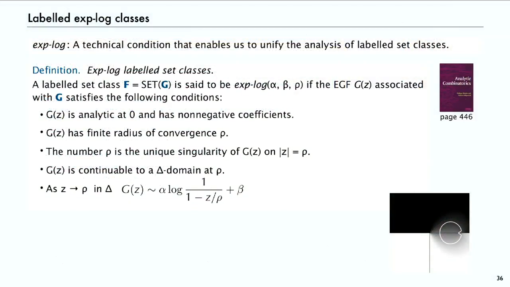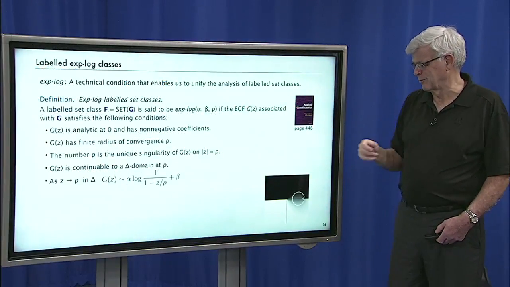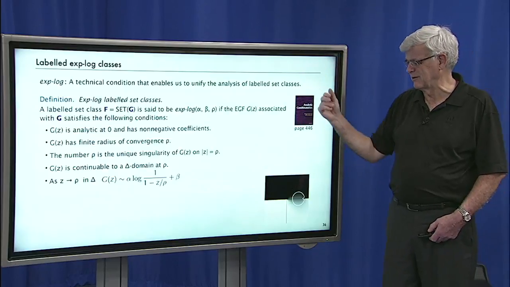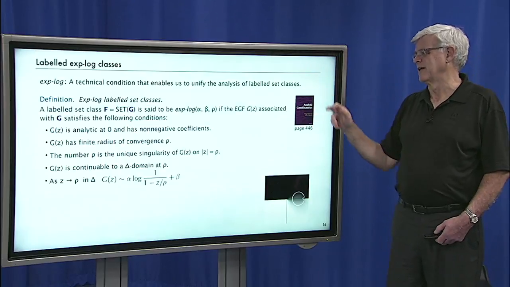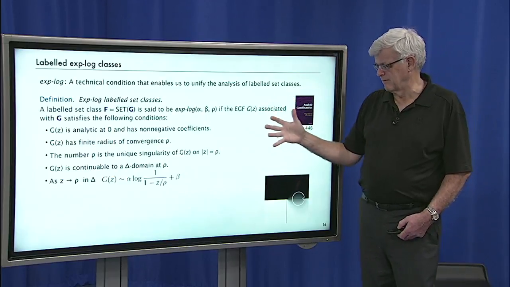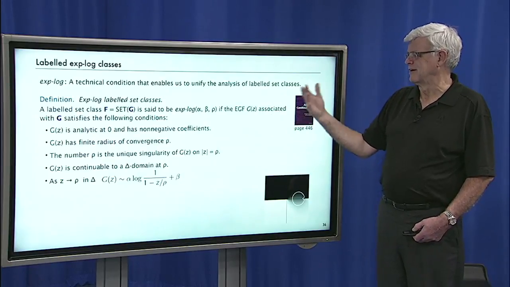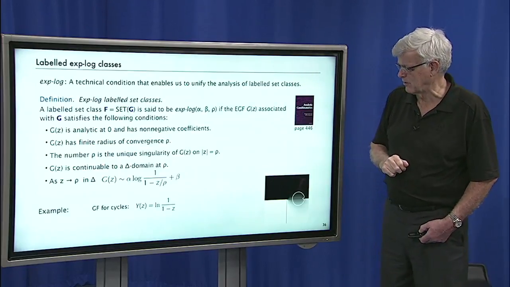Basically it says that you can approximate G with a log with various parameters: alpha times log of 1 over 1 minus z over rho, plus beta. Sometimes it's actually equal to a log function, and many of the applications will be, in which case you can pull the parameters right out. So that's the log part. The exp part comes from it being a labeled set. So those are the technical conditions, and if they are satisfied, then we say that the thing is exp-log.